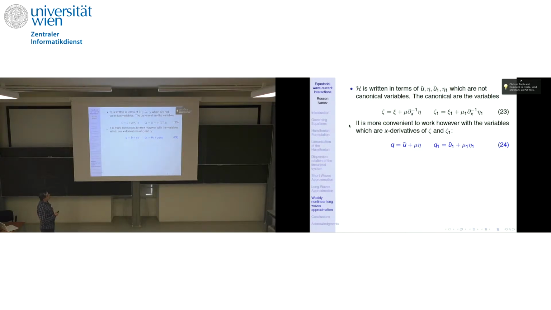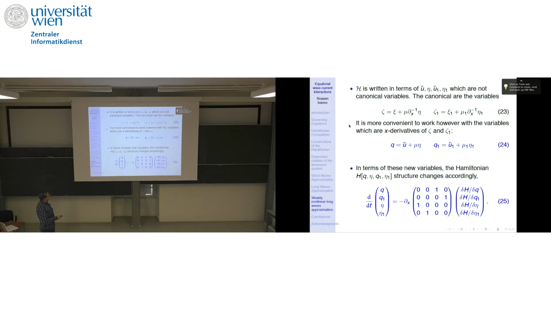It would actually be better to hit them with an x derivative and introduce q and q1 related to these old variables, and then the canonical Hamiltonian structure in terms of the new variables has this form.